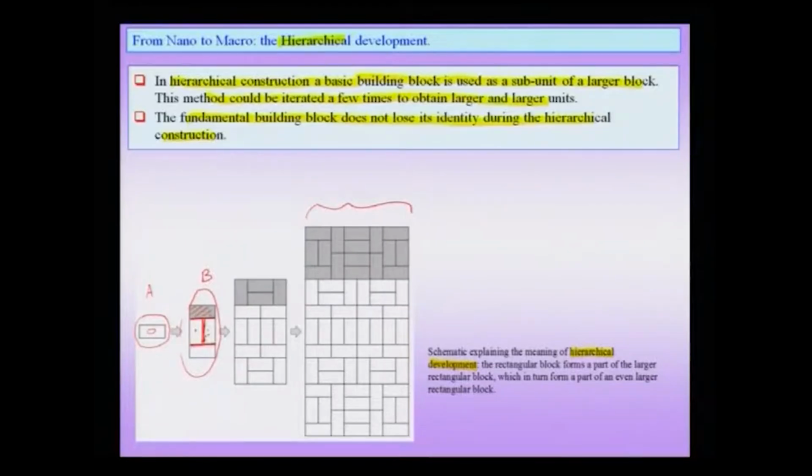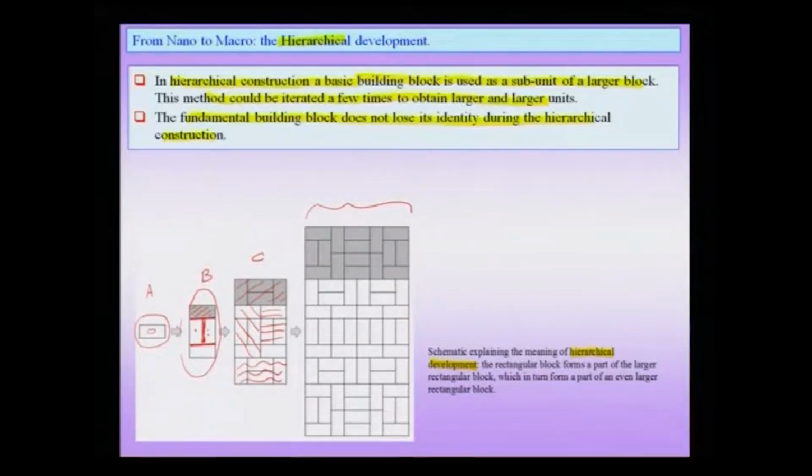Now, in stage C, I take this block which I have constructed using blocks like A, and use it itself as a fundamental building block. So, if I look at stage C, there is one unit like B here, there is another unit like B here, there is another unit like B here, and finally, there is a unit like B here.